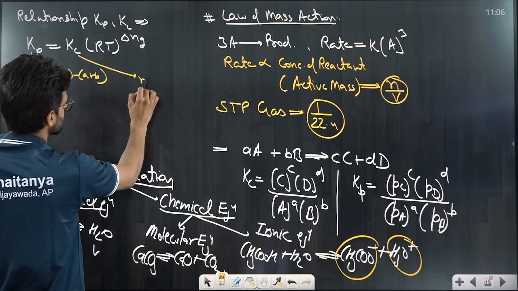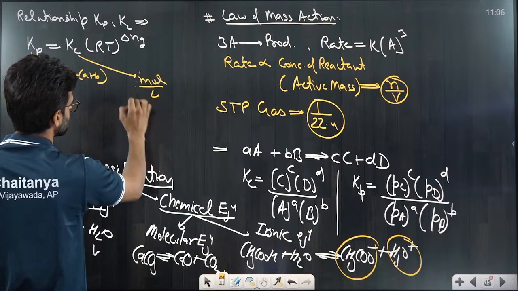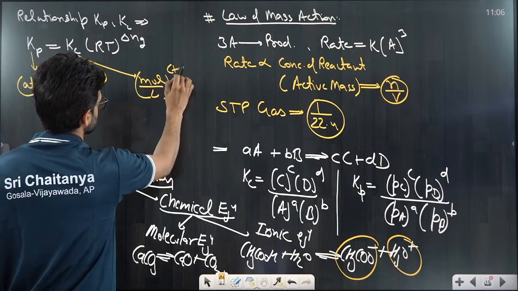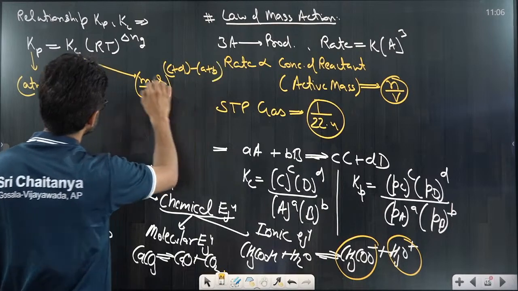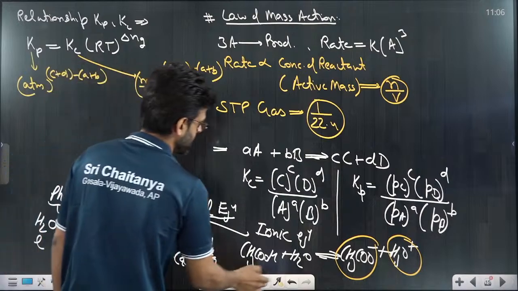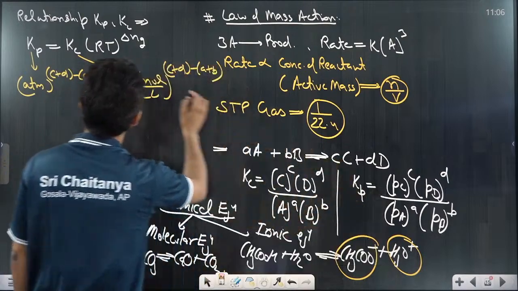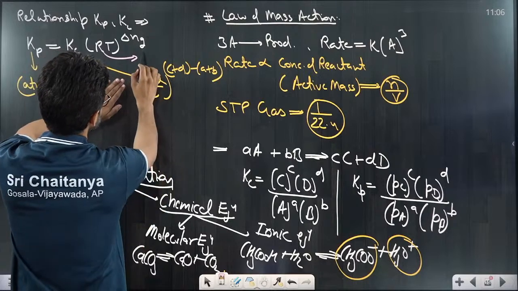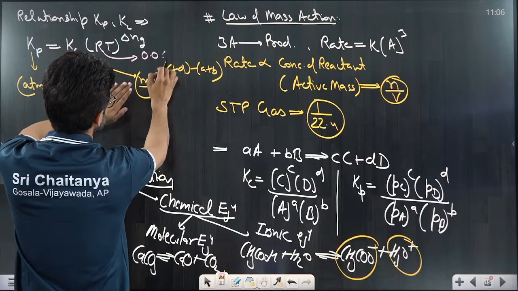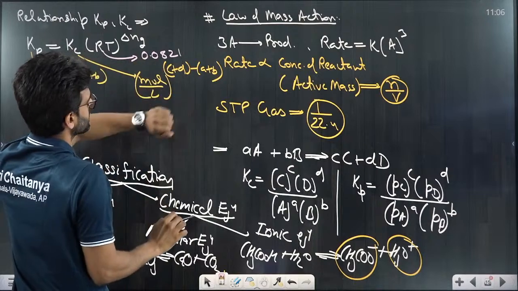Kc we take in which units? Mole per liter, raised to (c + d) minus (a + b). So if they are asking a numerical, what R value should I use? Here atm, here mole per liter, so please take 0.0821 in terms of atm and liter.